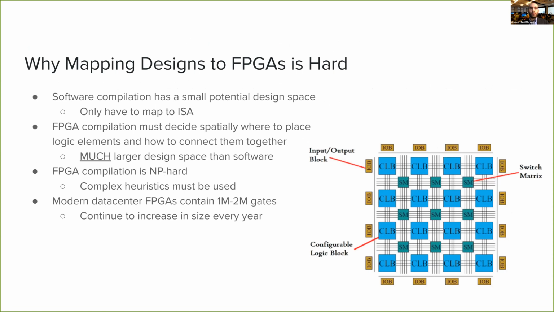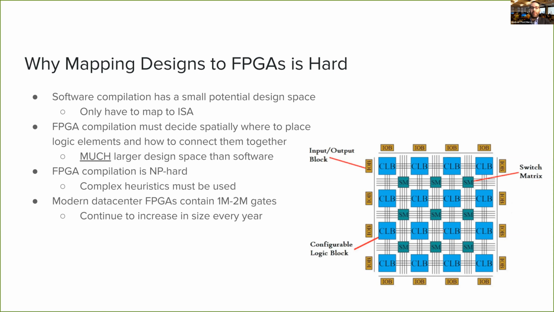And finally, we want to look at why mapping designs to FPGAs is hard, going back to what is our problem, speeding up FPGA compile times. When you compile code to software, to a CPU, like I said before, you're compiling it to an ISA, i.e. to a very specific set of instructions, so it's by default limited.